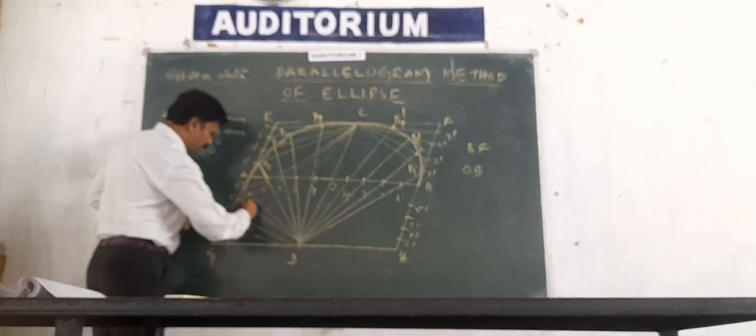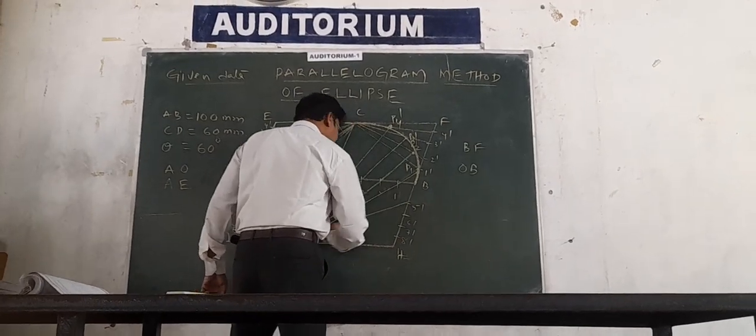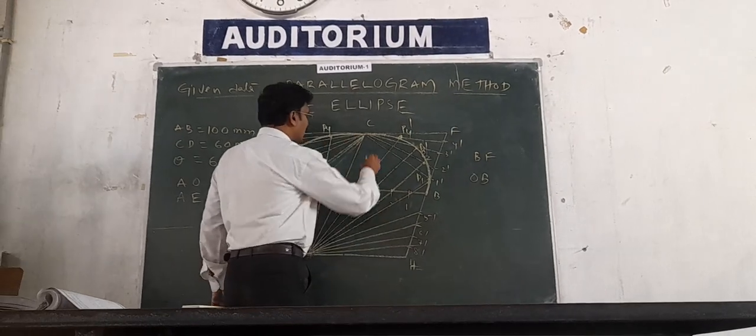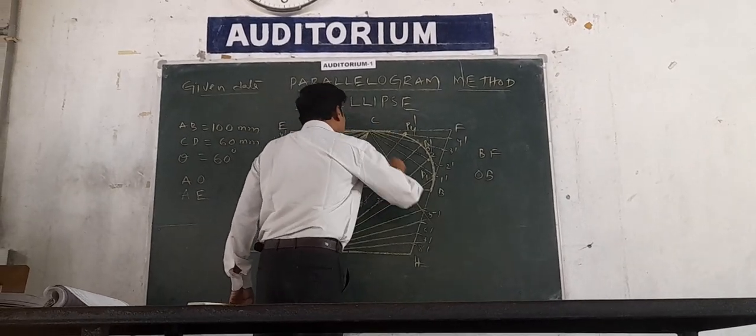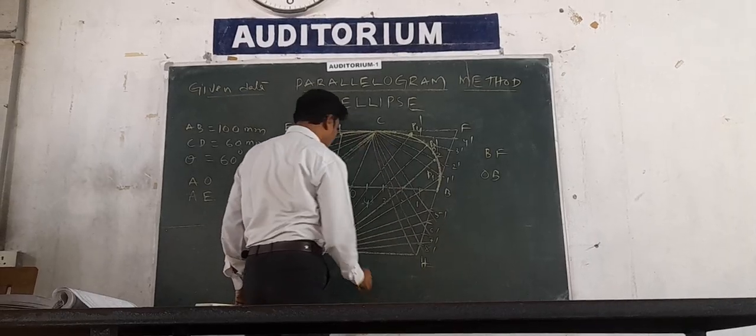Then join the remaining half part of the ellipse with the same procedure, and again for each point. Repeat the same procedure.